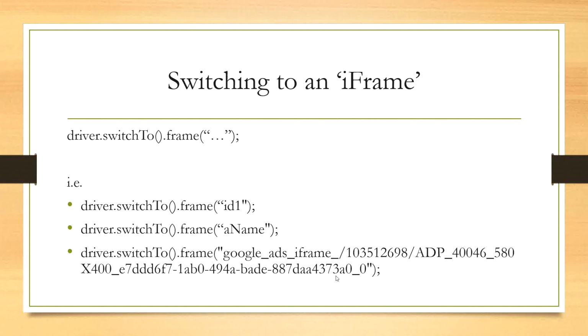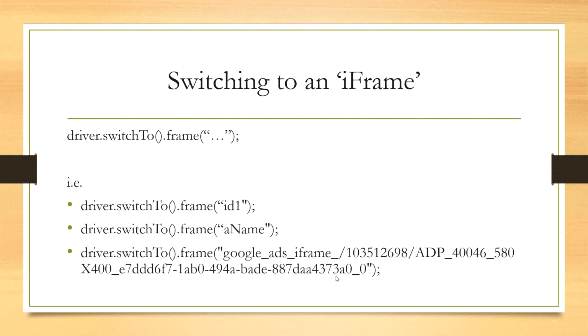Here we need to give only the value in the brackets, not the By clause like By.name. We only pass the value, and it will automatically find it. So that's one part: we always have to switch to an iframe in order to work over it.